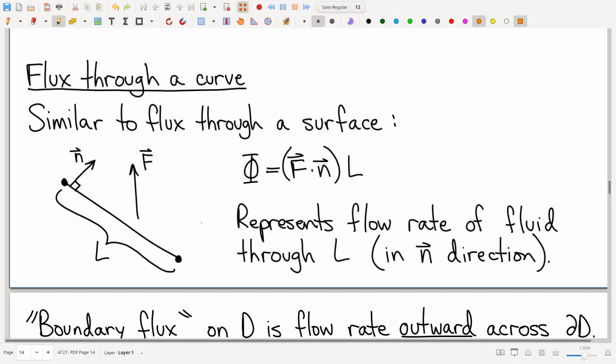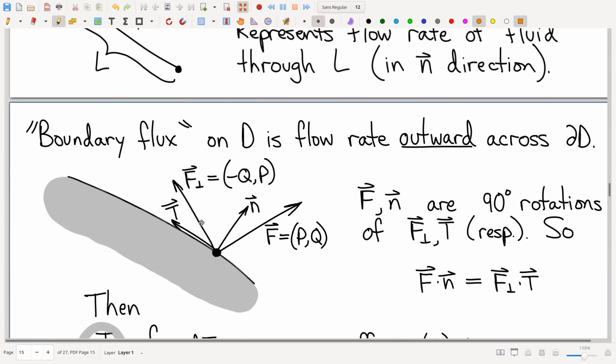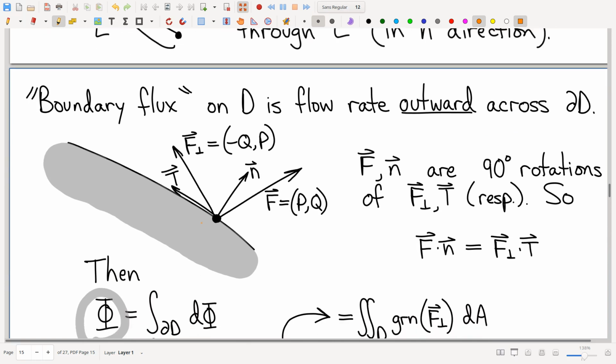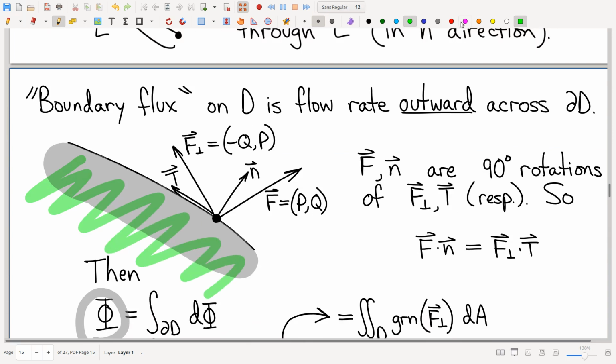Okay, so that's for a straight line curve. Now here's a related idea. What if you want to talk about flux through a boundary curve? So in particular, you have some area, and then there is this curve here that is the boundary, cruises along like so. I've zoomed in, of course, on just a piece of the boundary. It's actually going to go all the way around, something like that.